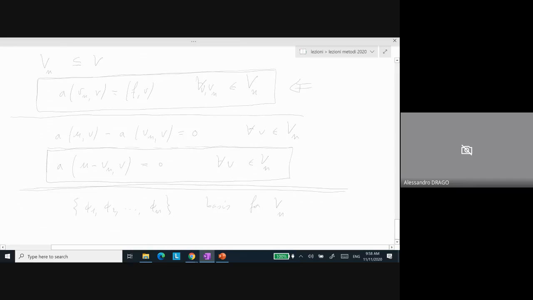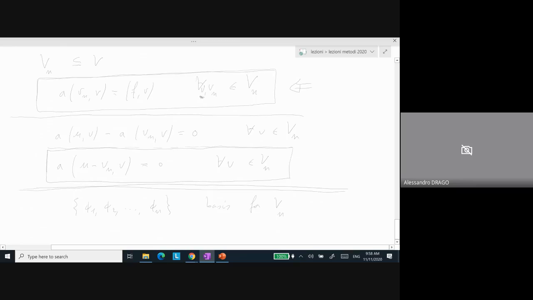Well, since V can be expanded on the elements of the basis, whatever V can be written in terms of phi 1, phi 2, and phi n.